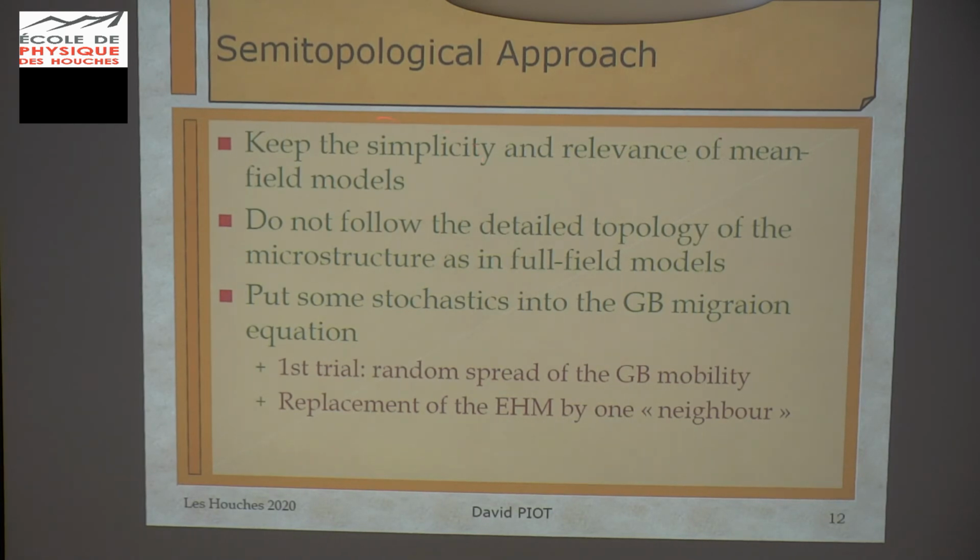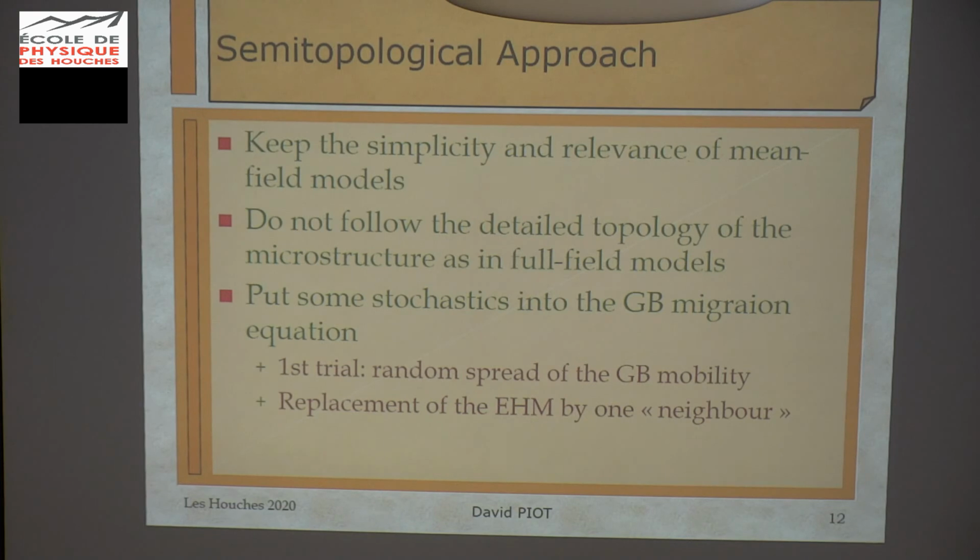So the idea is to keep the simplicity and the relevance of mean field models, not follow the detailed topology of the microstructure as in full field models because it's too time consuming in our case, and to put some stochastics into the grain boundary migration equation. In order to test this idea, we have done a first trial using a random spread of the grain boundary mobility, just to see.